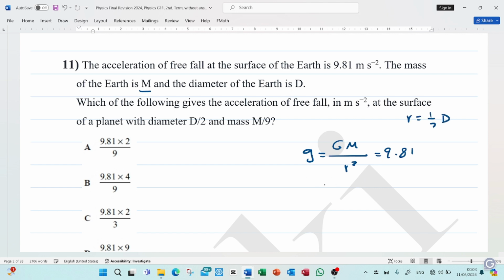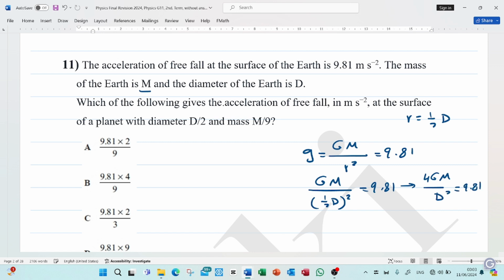Then substitute. Then we can write GM over half d all squared equals 9.81. From this relation, we can say, simplify. So 4GM over d squared equals 9.81.